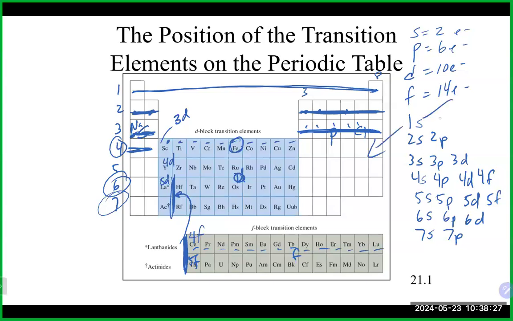And you just keep zigzagging around, right? And that gives you the correct electron configuration order, right?